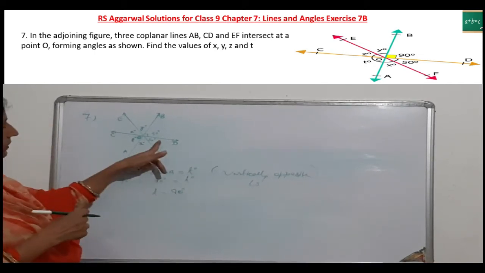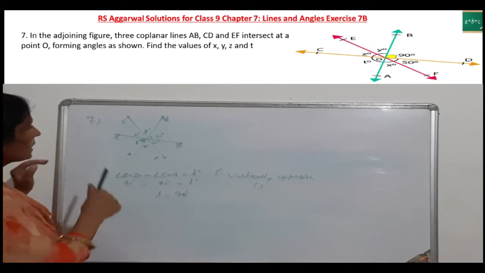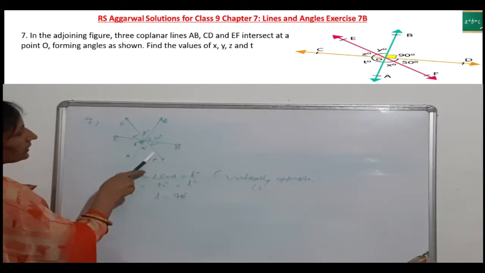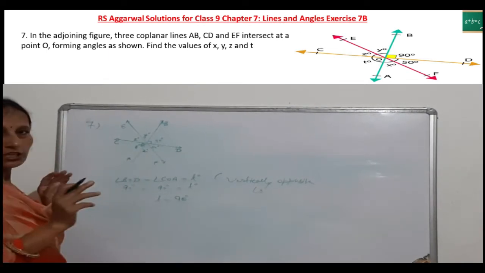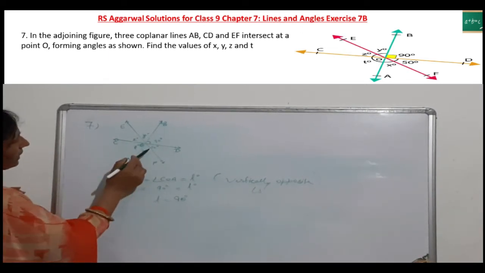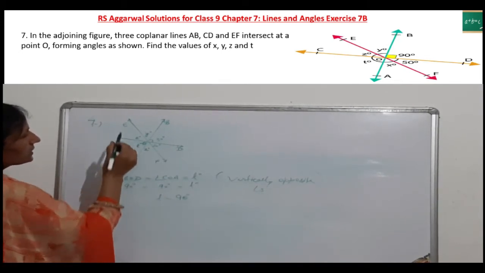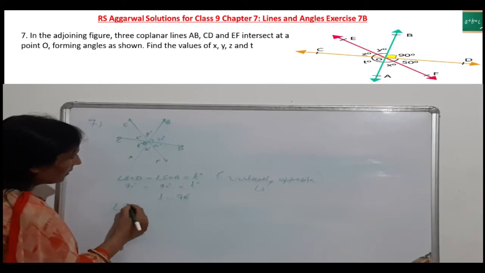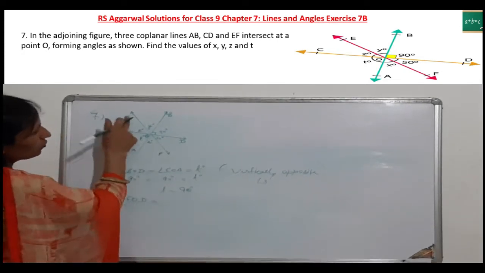Again we can see here 50 degrees is given. So these two angles are vertically opposite angles. Here you can see CD and EF, both lines are intersecting each other. So this angle and this angle will be vertically opposite angles. We can write angle FOD is equal to angle COE.